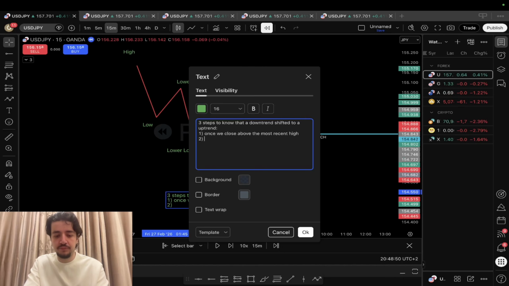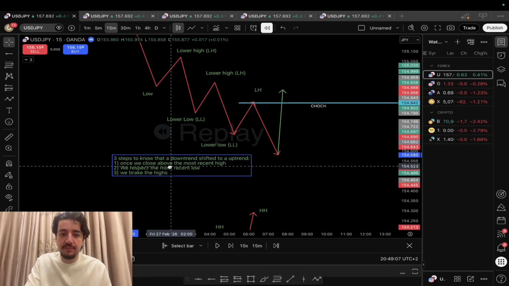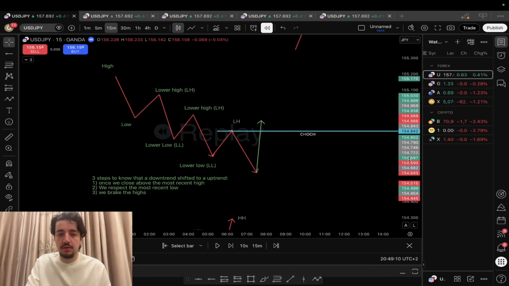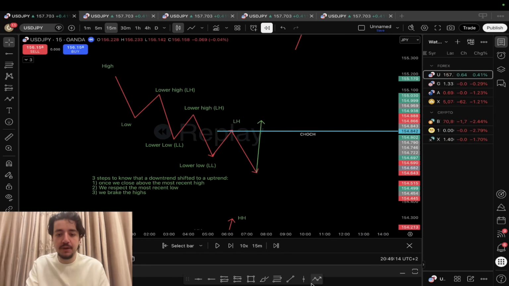Number 2, we respect the most recent low. Number 3, we break the highs. I'll explain it, don't worry. These are the 3 steps. So step number 1 is once we break the highs. Done.